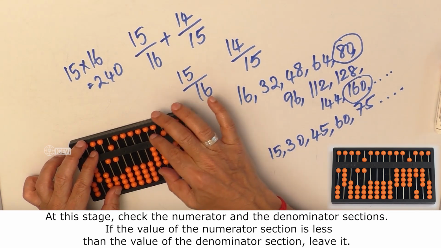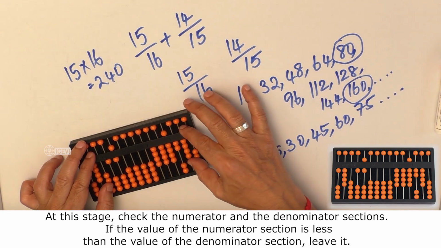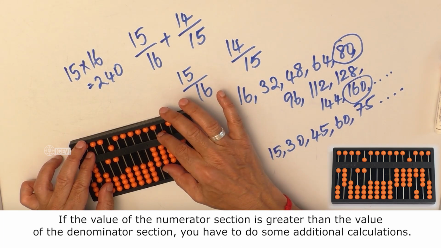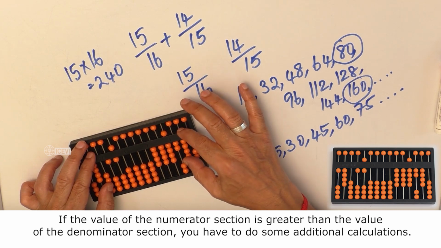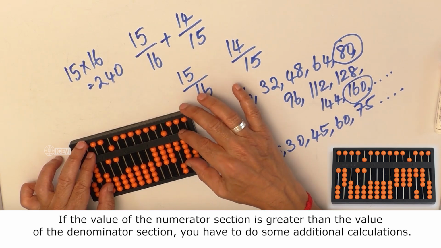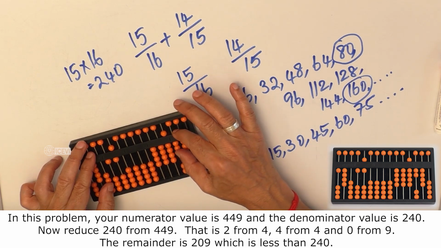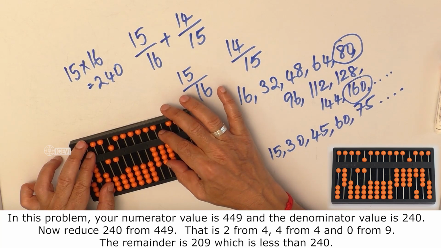If the value of the numerator section is less than the value of the denominator section, leave it. If the value of the numerator section is greater than the value of the denominator section, you have to do some additional calculation. In this problem, your numerator value is 449 and the denominator value is 240.